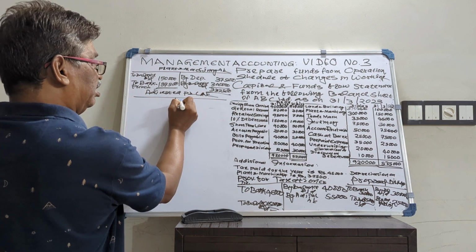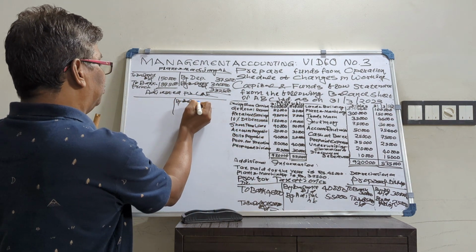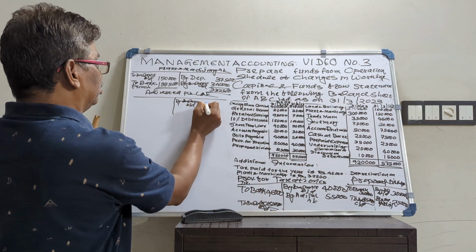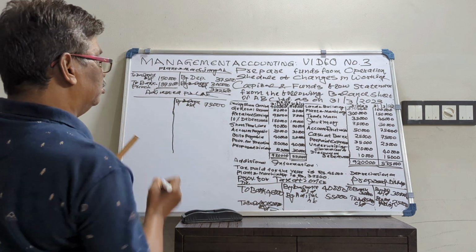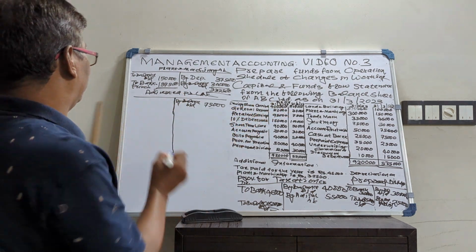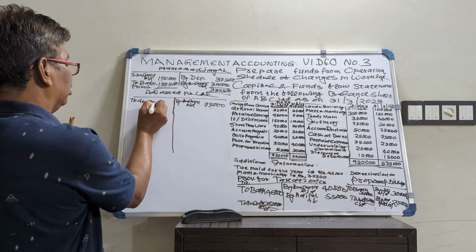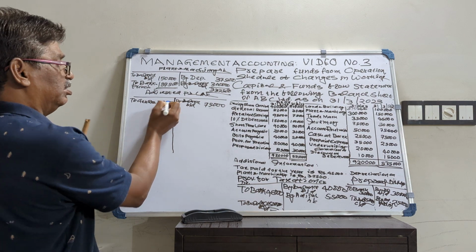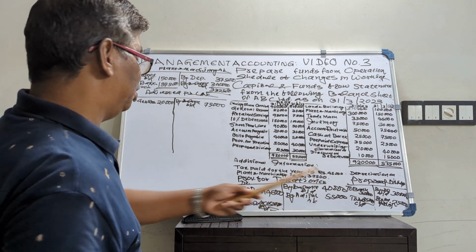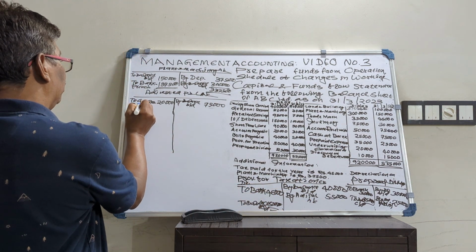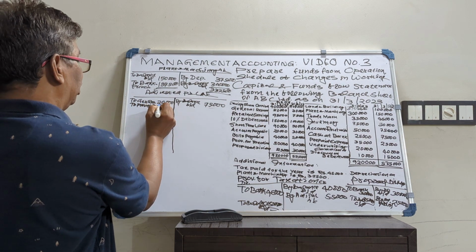debit side. It is given retained earning, opening balance 75,000. We write by balance brought down 75,000. Then we will prepare first general reserve 20,000. We will adjust to general reserve, that is 20,000. Then here provision for taxation 55,000, right, to provision for taxation, it is 55,000.